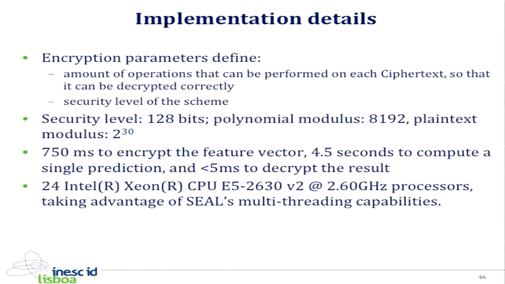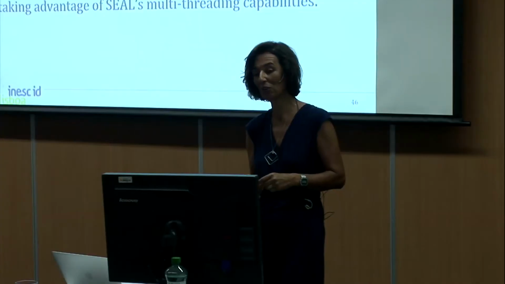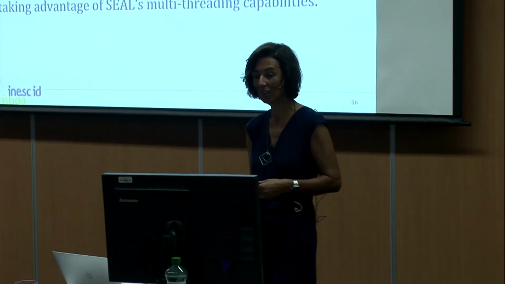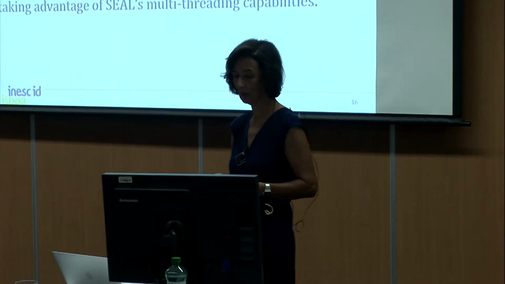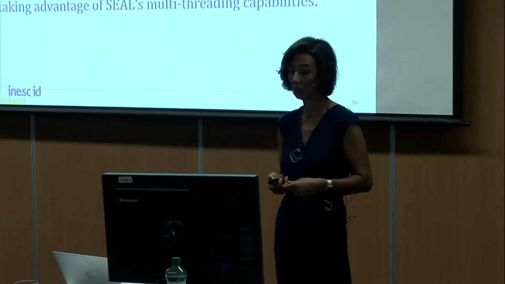So these numbers are extremely large. This means that it took us about 750 milliseconds to encrypt a feature vector, 4.5 seconds to compute a single prediction, and less than 5 milliseconds to decrypt the result.